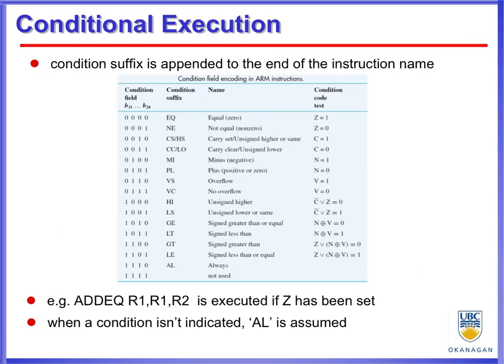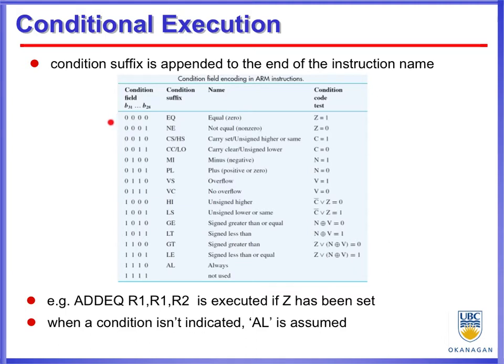So let's talk about these suffixes. There's a number of different suffixes in this table, which is in Appendix D. I said that the 32 bits that an instruction is stored with, we call that the encoding of the instruction, right? Every instruction sits in a memory word of 32 bits. And the upper 4 bits are what we call the condition field.